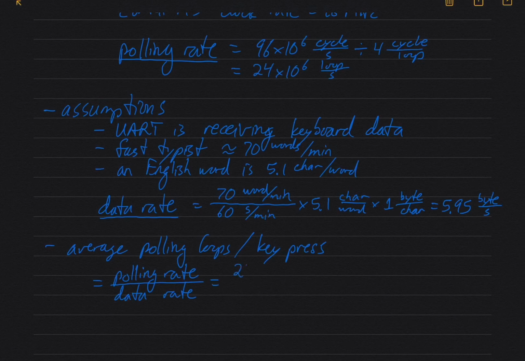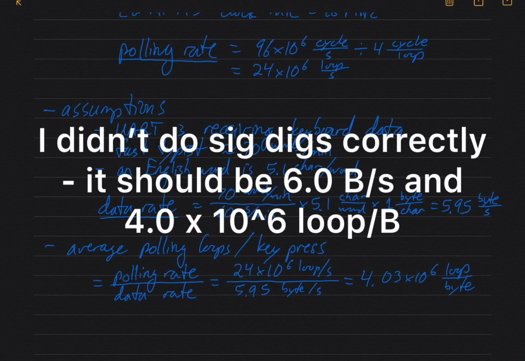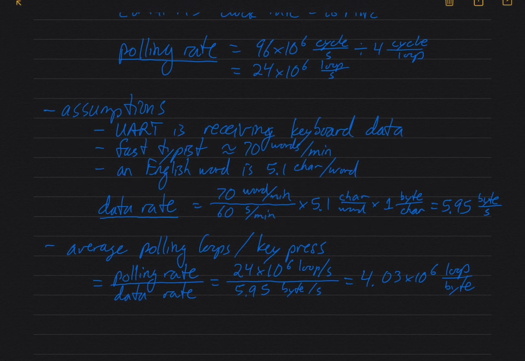So that's 24 times 10 to the 6 loops per second over 5.95 bytes per second, and that's going to give us 4.03 times 10 to the 6 loop iterations per byte, or polling loops per key press. So about 4 million, which seems kind of excessive.